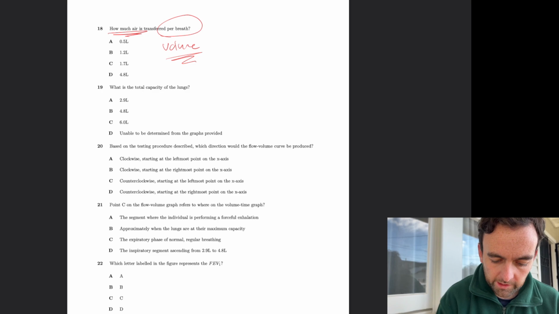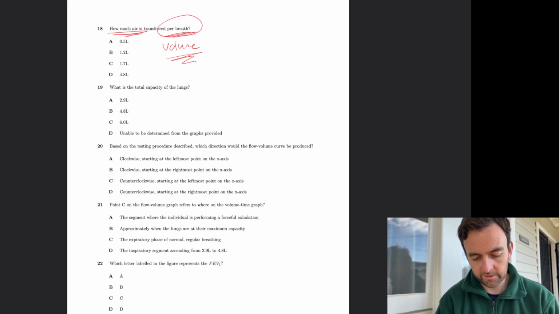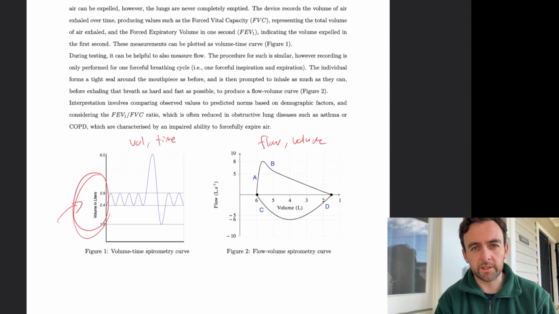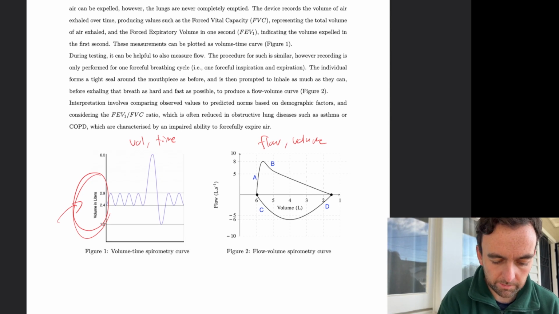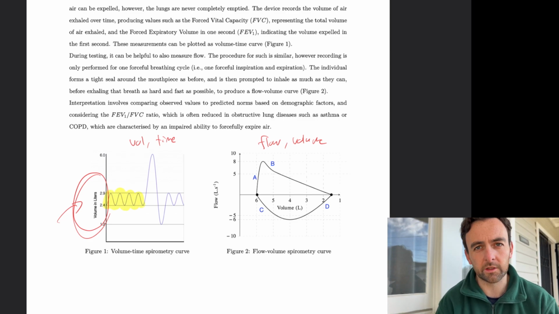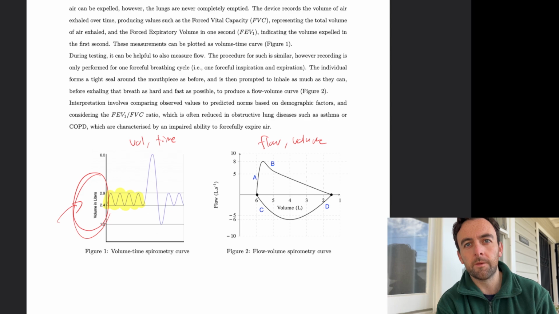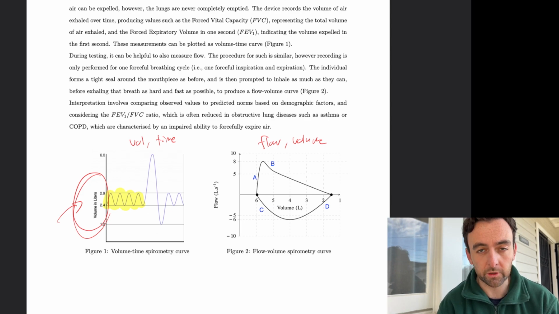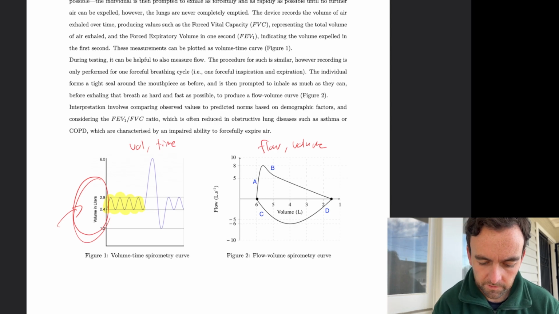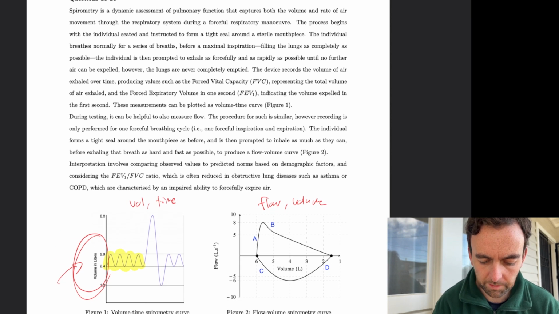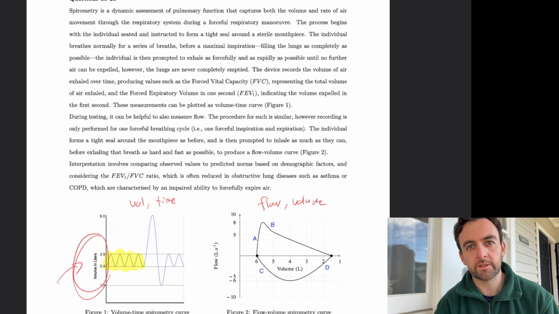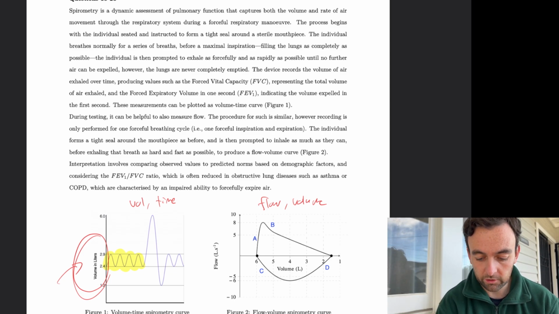Now, we need to understand this per breath. This is a good example of when you can ask yourself a question and answer it using the stem. Maybe your question is, do these little oscillations in the graph refer to per breath? Because ultimately, if they're not per breath, then maybe I've misinterpreted it and I need a different graph. So we go to the stem and we're looking for evidence that those little oscillations are an actual breath.